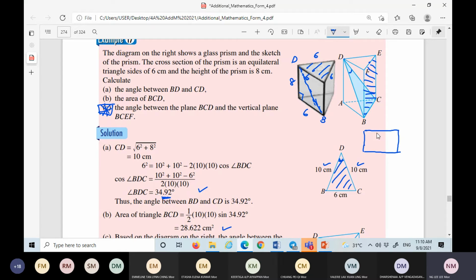I try to draw. I open up. This is E and this is F. This is C and this is B. B and C is also the side of the triangle, and then here will be this way, the midpoint, because this is an equilateral triangle.